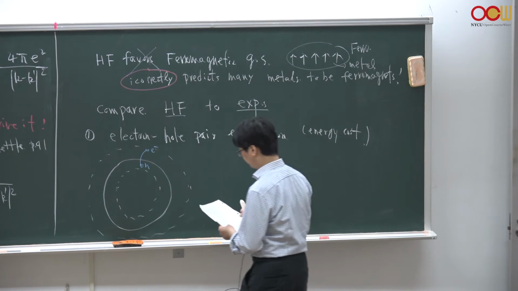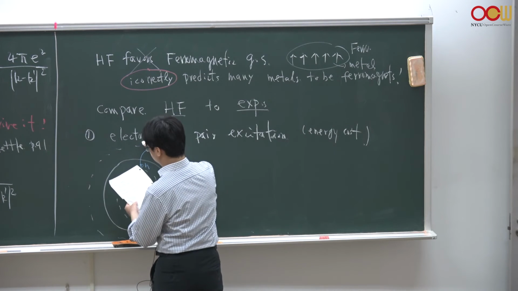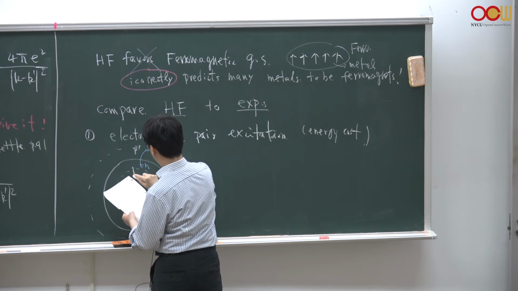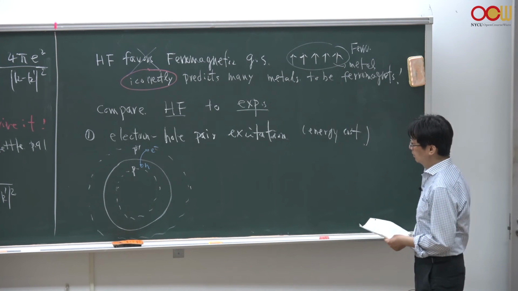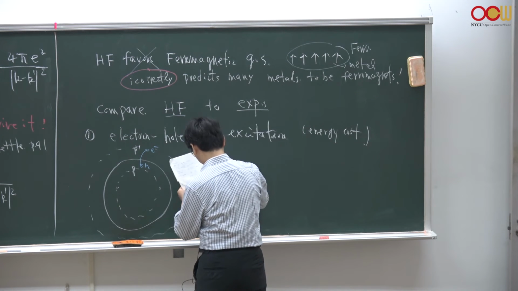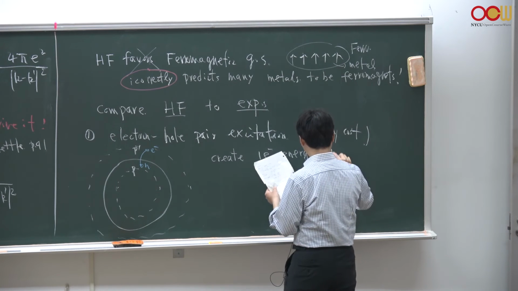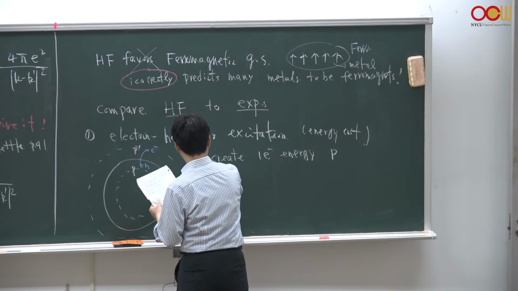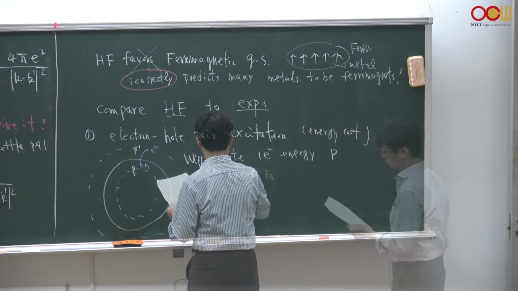Suppose that we have such an excited electron state called p prime, and the original so-called hole states within the Fermi sphere carrying momentum p, and we create one electron with the energy being p or p prime, and this costs energy w p, the energy cost.